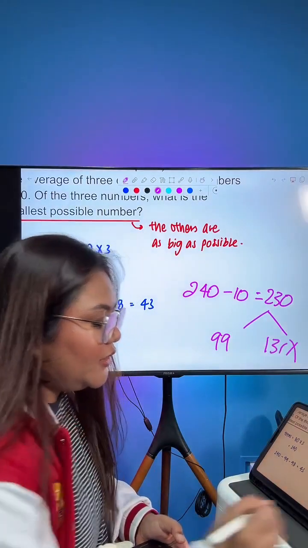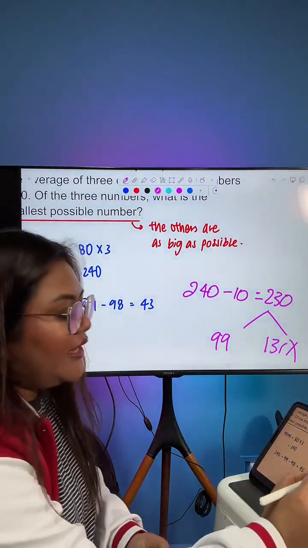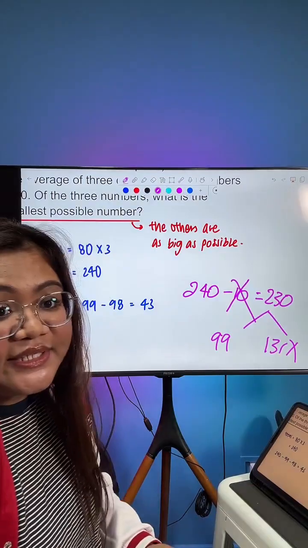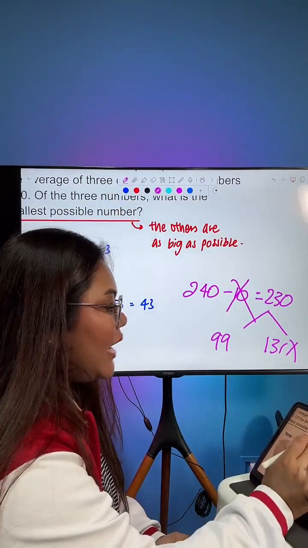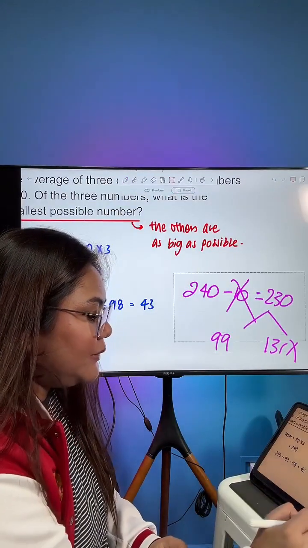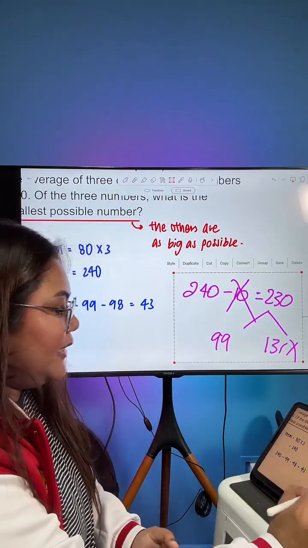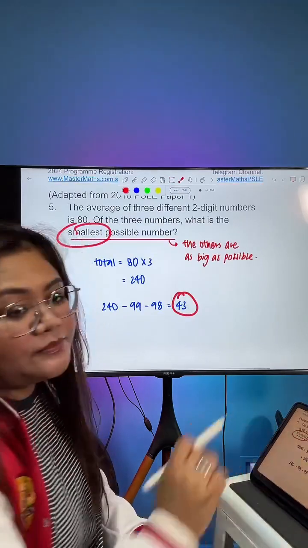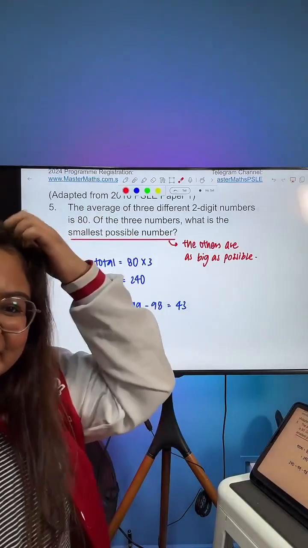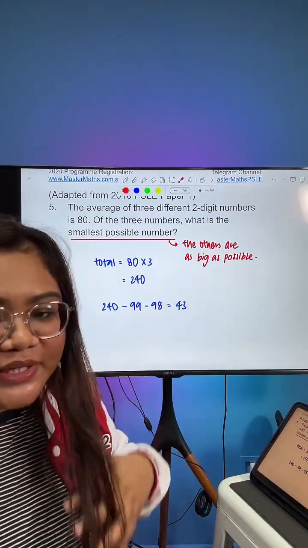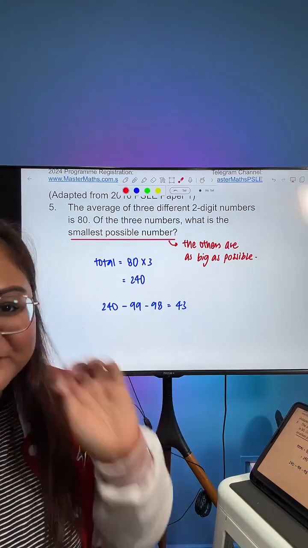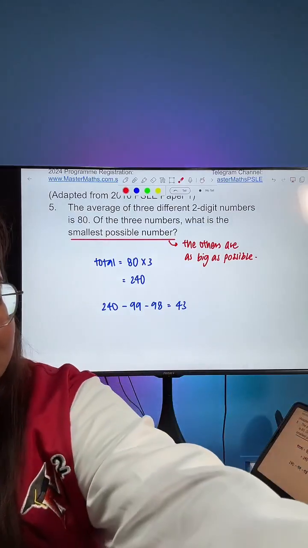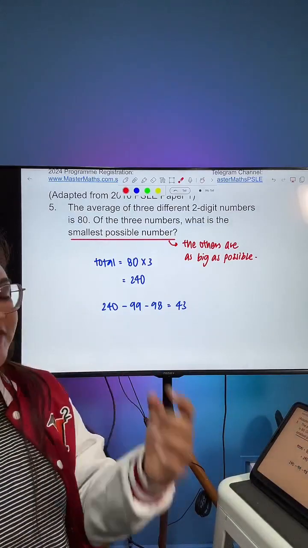But this is not a 2-digit number, so I cannot have 10. Okay? Understand so far? So I need to take as much as possible for the 2-digit numbers here to leave very, very little for the last one. That is my smallest possible. Okay? I see your O, so I assume you understand already, yeah? Wonderful. Okay, any other questions?